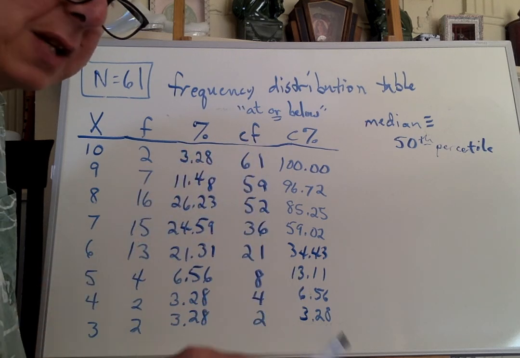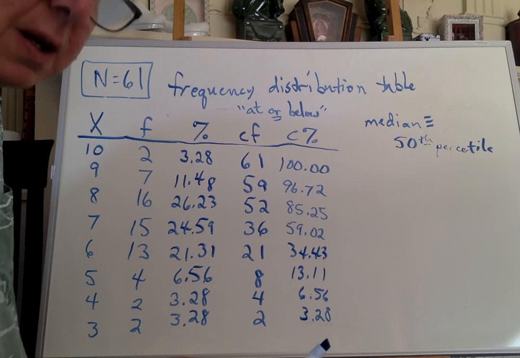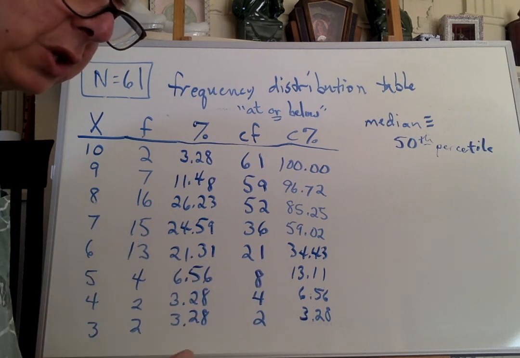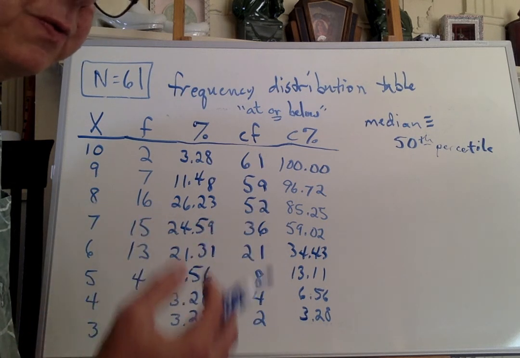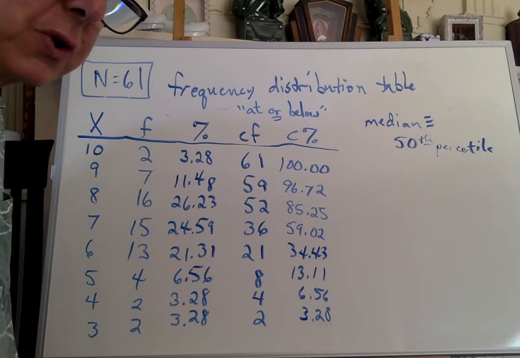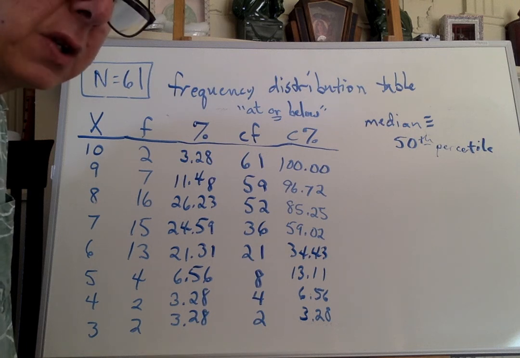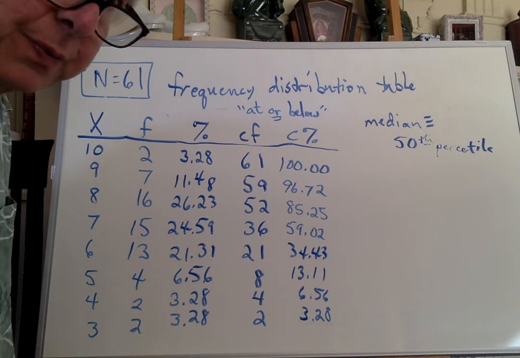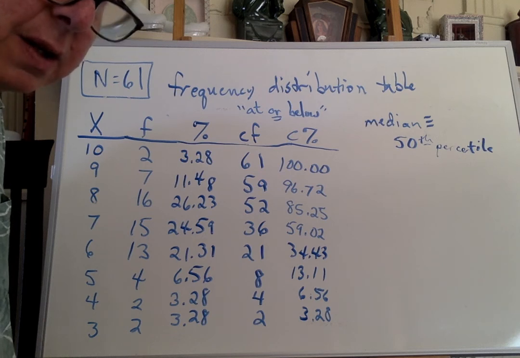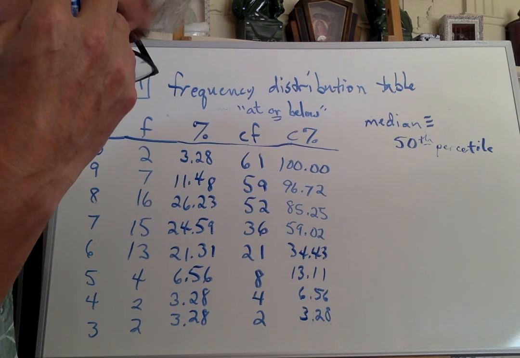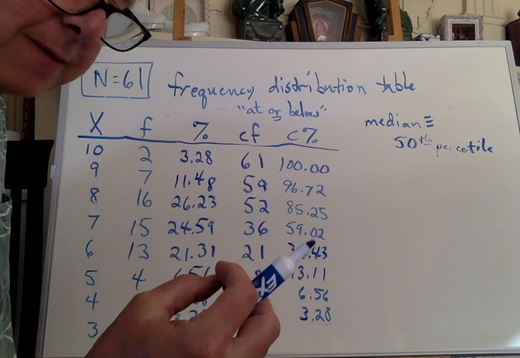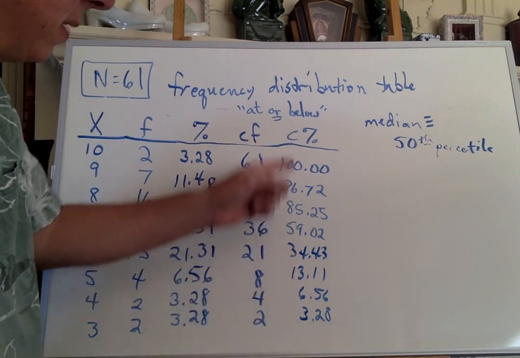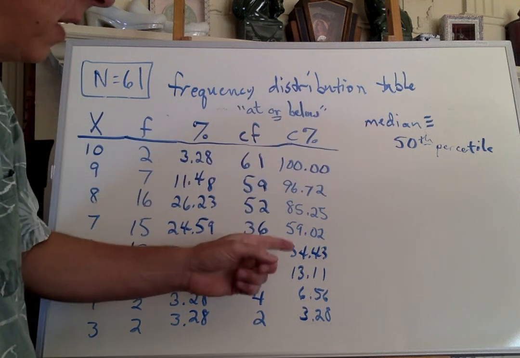The 50th percentile tells us the place in the distribution where 50% of the scores are at or below. Okay, let me say that again, but I want you to listen carefully. We're talking about 50% here, the 50th percentile.